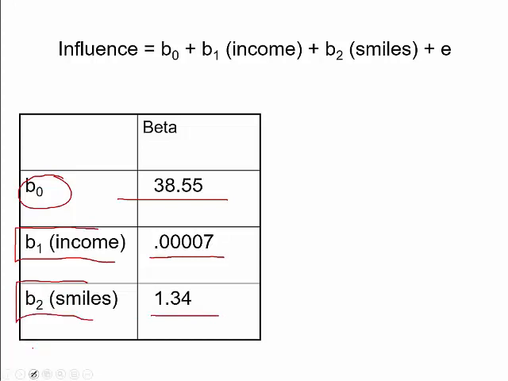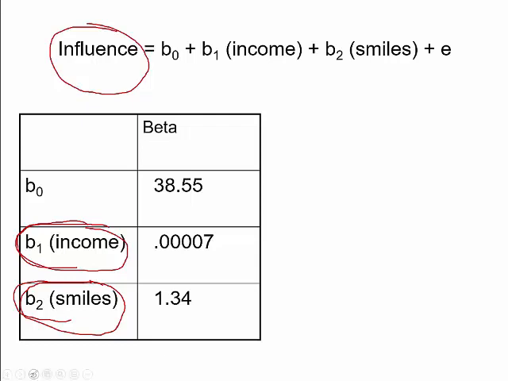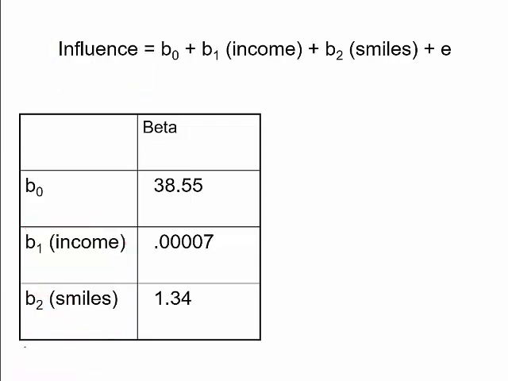So consider this question. If we compare income and smiles, our two predictor variables, which of those two had a bigger effect in predicting how influential a person was? Was income more important in predicting influence, or was smiles more important? Which of these had a bigger effect?